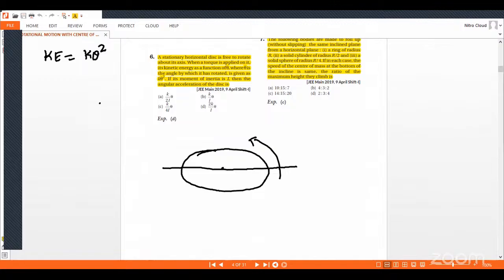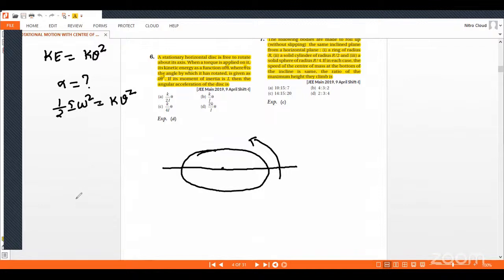Moment of inertia is I, then the angular acceleration of the disk. We need to find alpha. Okay, so kinetic energy, I can say that half I omega square equal to k theta square. Okay?